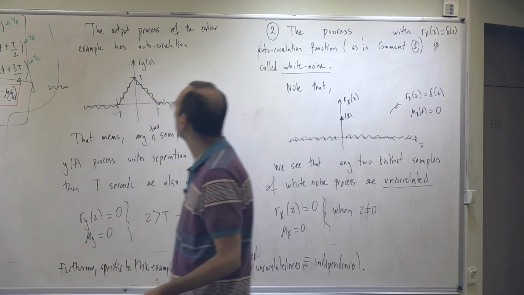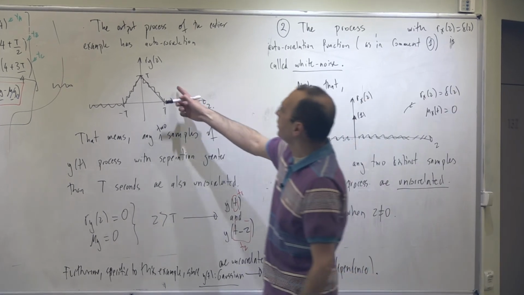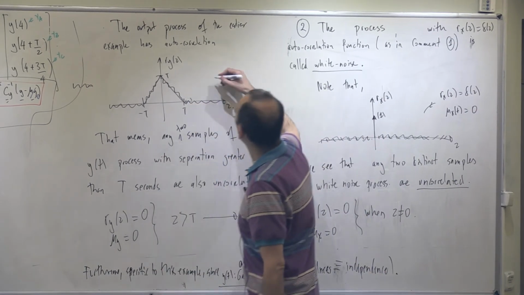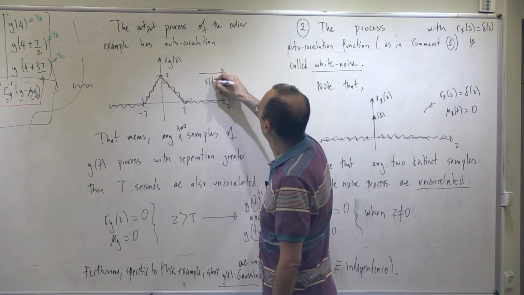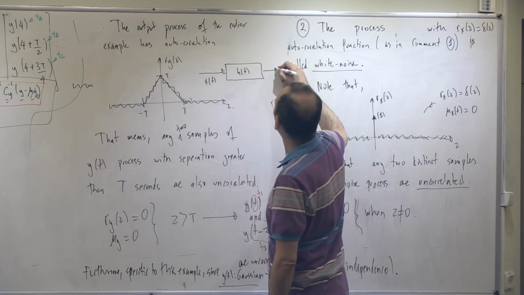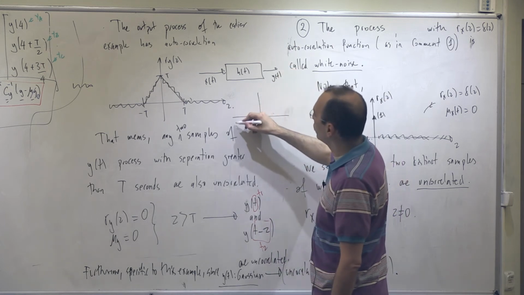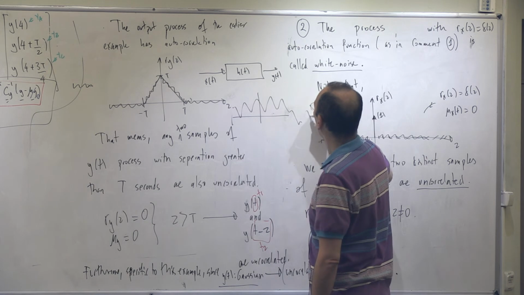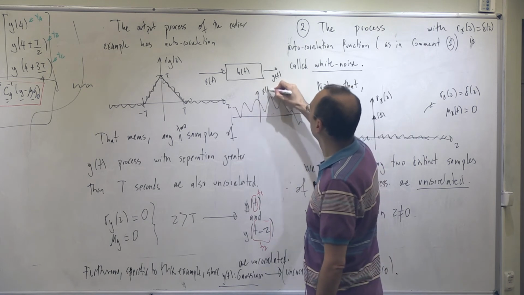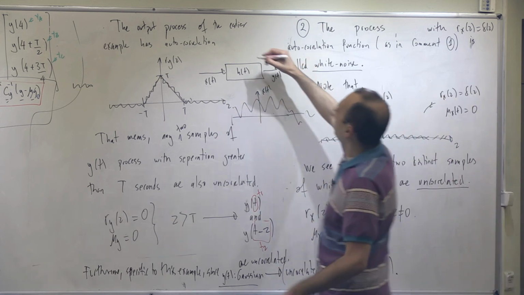So does this make sense? Well, let's think about how we got this. We got this by processing input x of t by an impulse response h of t. This was y of t. So let's say at the input side I have x of t like that. What was the impulse response?